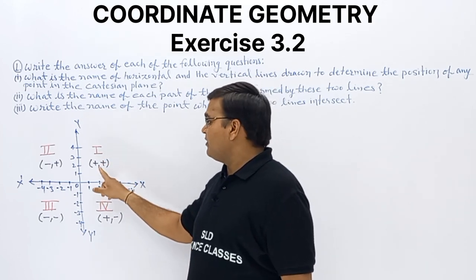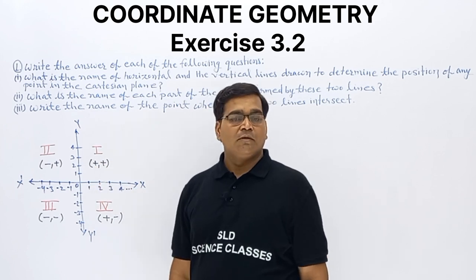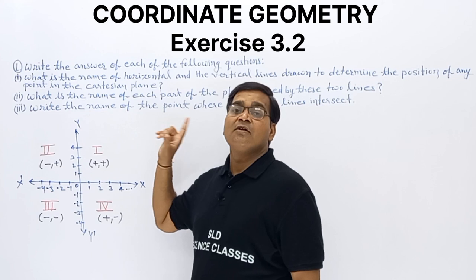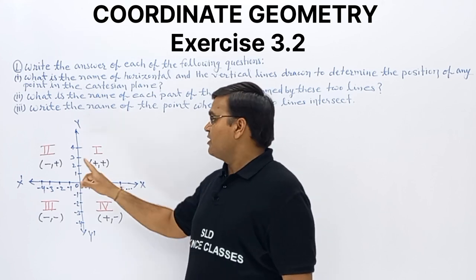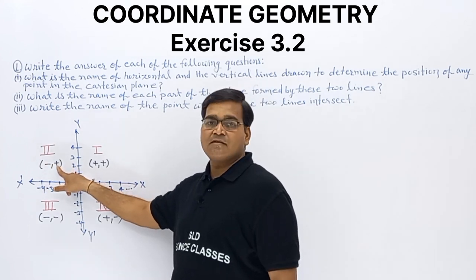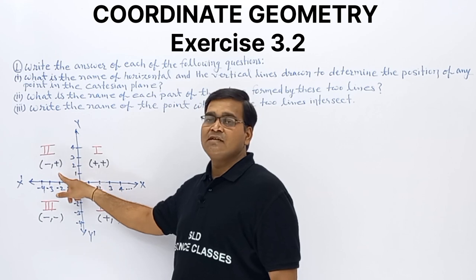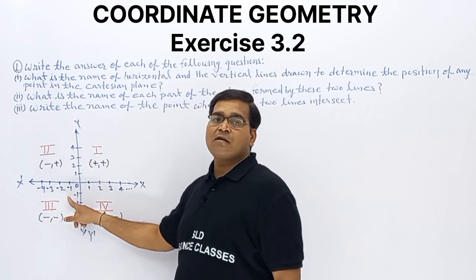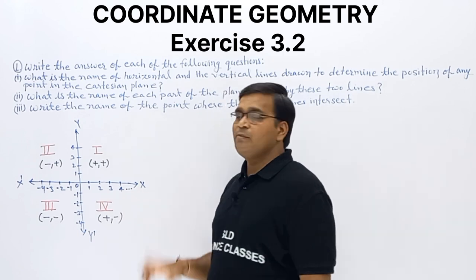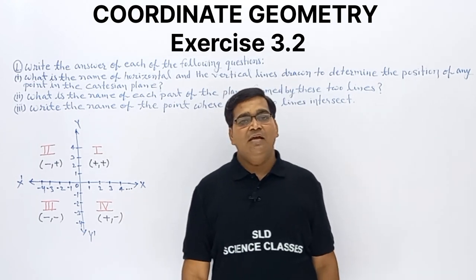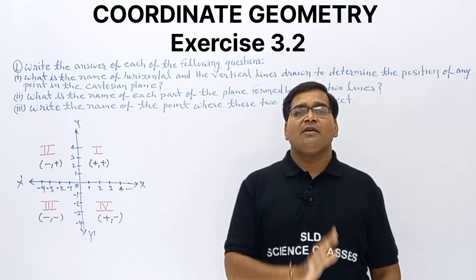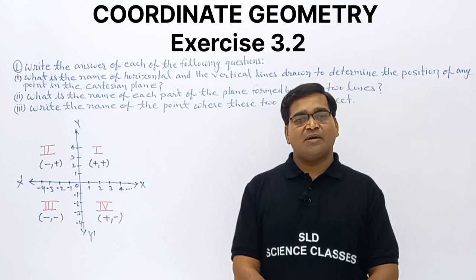When we have positive and positive real numbers, that is the first quadrant. When we have minus and plus real numbers in a bracket, that is the second quadrant. Minus minus is the third quadrant, and plus minus is the fourth quadrant. Clear? Now this is the basic theory of the Cartesian system.